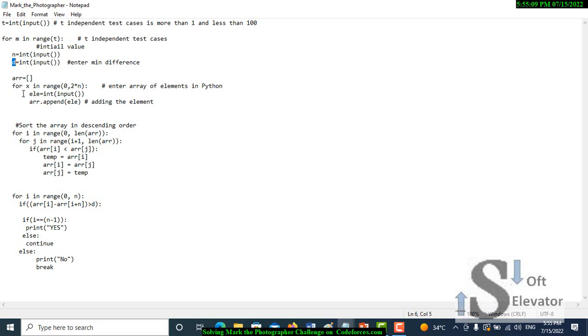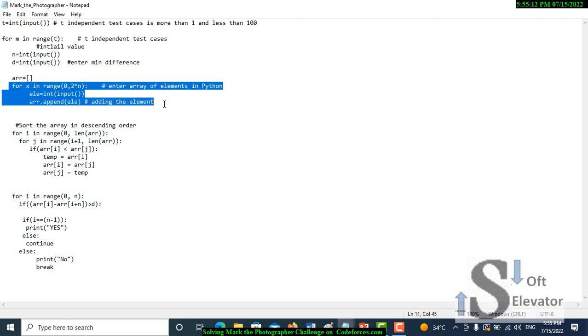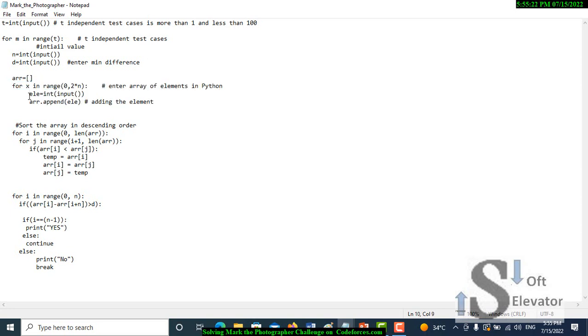And here this loop will enter the elements in the array, which are the heights of the people. Each person has a height, so I will enter it here, using this variable to hold the entered value, and then I will append it to the array by this statement.